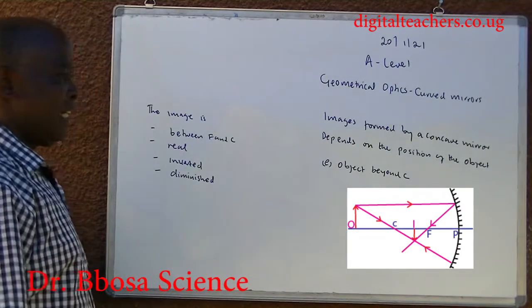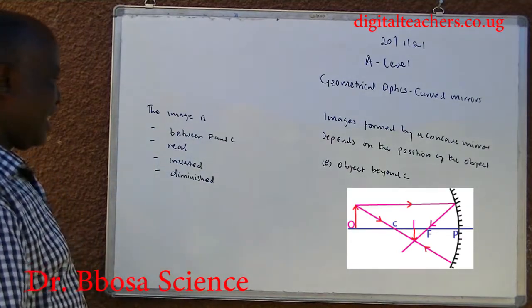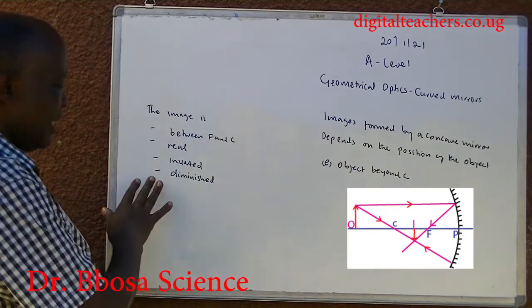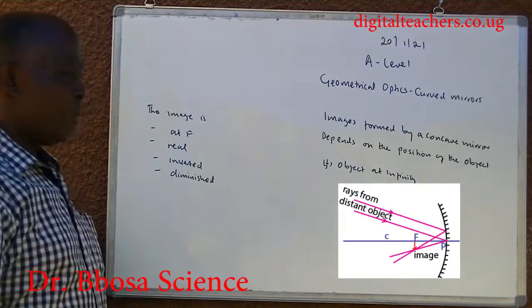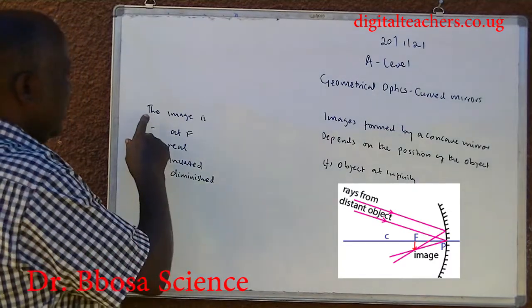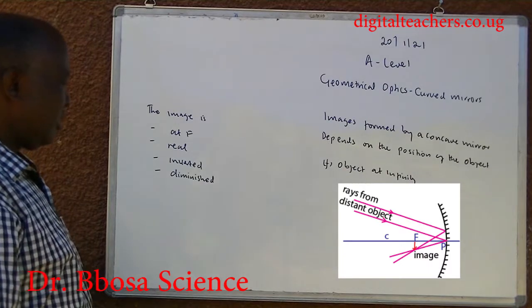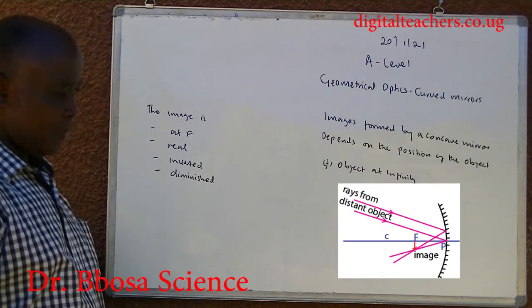E. Object beyond C. The image is between F and C, real, inverted, and diminished. F. Object at infinity. The image is at F. It is real, inverted, and diminished.